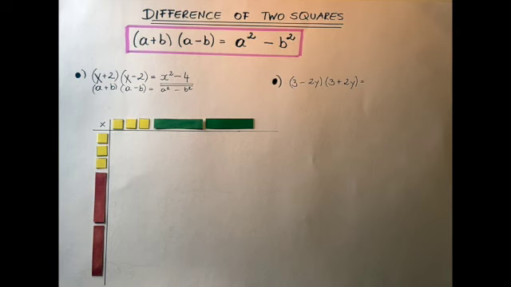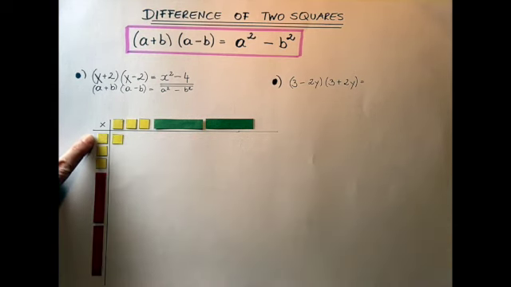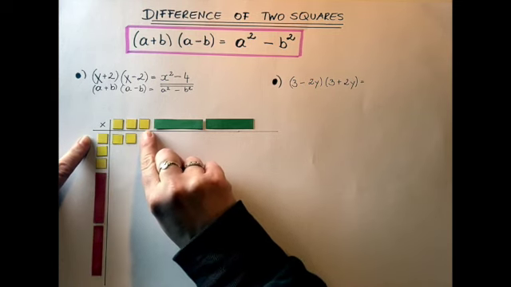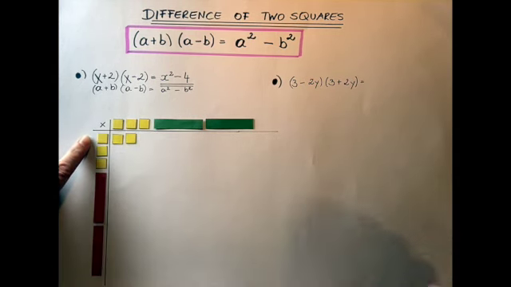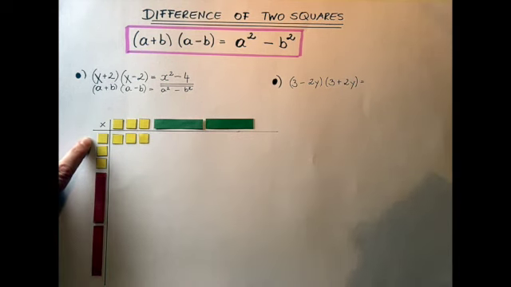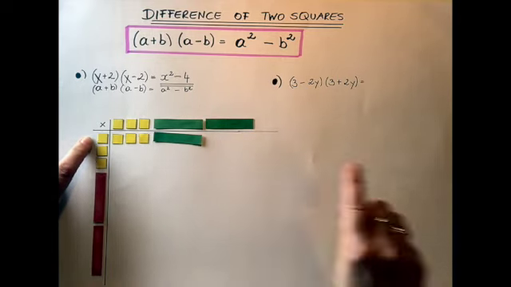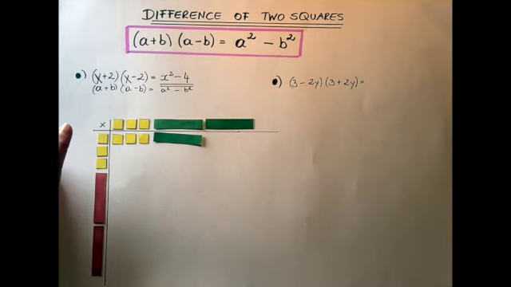So I'm assuming that you have paused the video and that you're here to check. So let's go through this. We will need quite a few unit tiles here. 1 times 1 gives us 1. 1 times 1 gives us another unit. 1 times 1 gives us another unit. 1 times x gives us 1x. 1 times x gives us 1x.